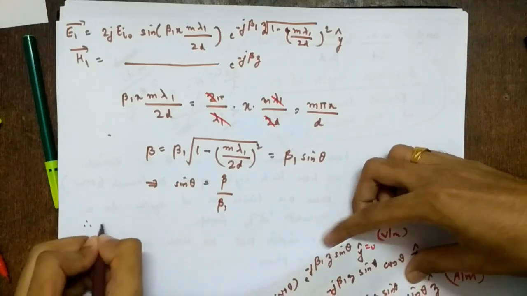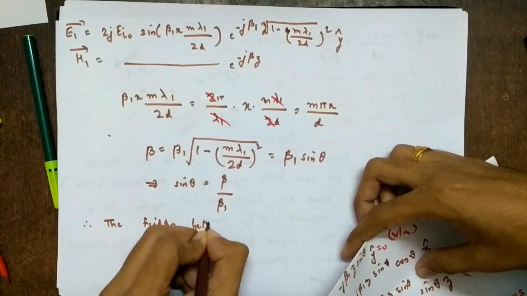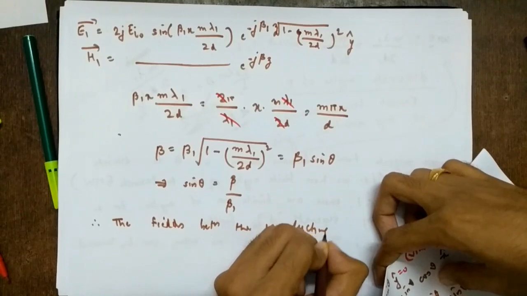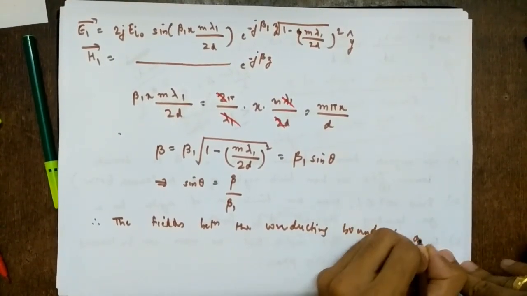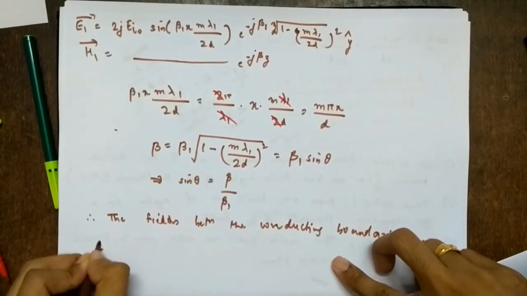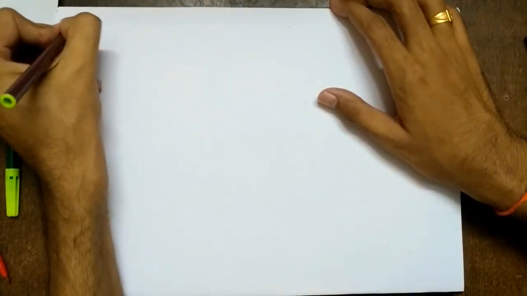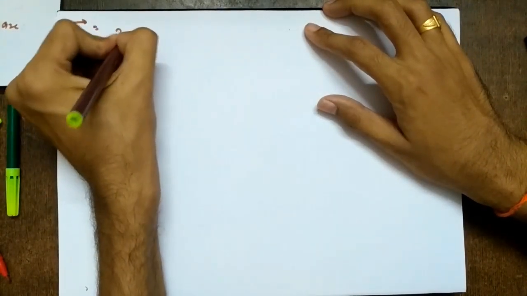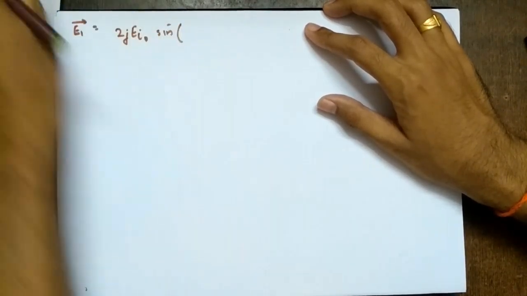So what we can say finally? Therefore the fields between the conducting boundaries are. So we'll write E1 vector. So I'll use a new page for some reason. We'll come to know why. So this is E1 vector equal to. So if you solve it completely, we'll get 2j E10 sine of what we have written.